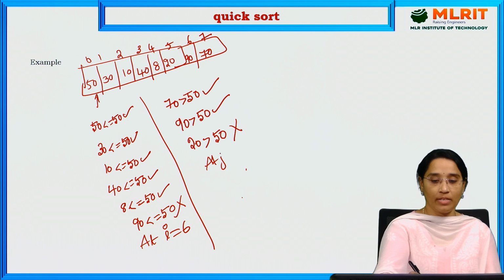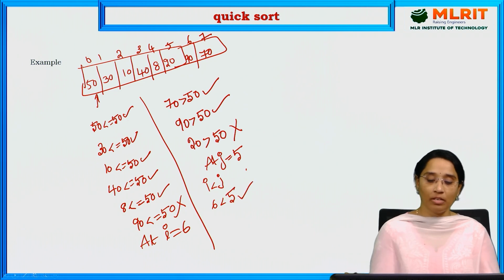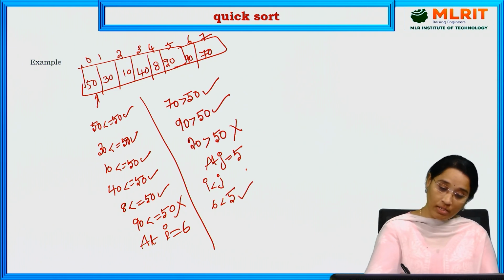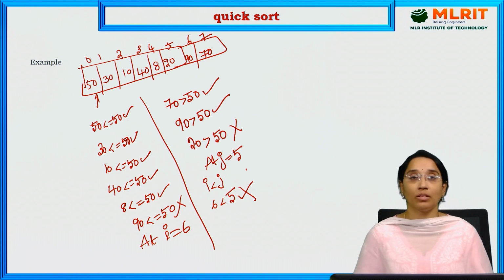So j is equal to 5. Now you will check if i is less than j. 6 less than 5? Condition false. So 6 is not less than 5.